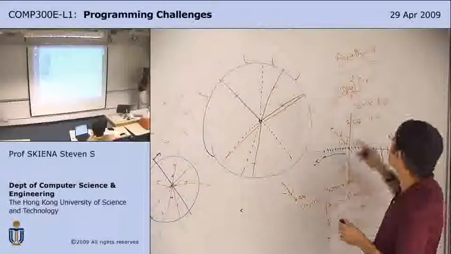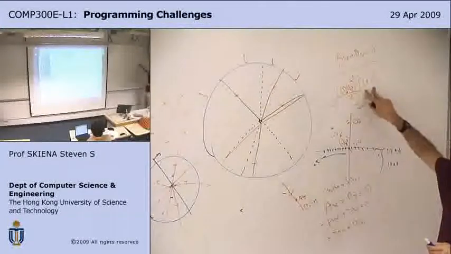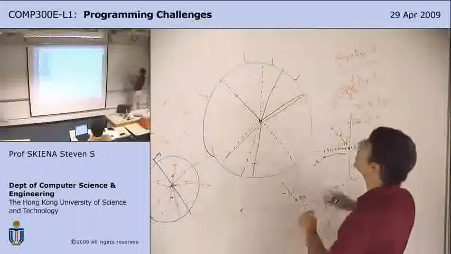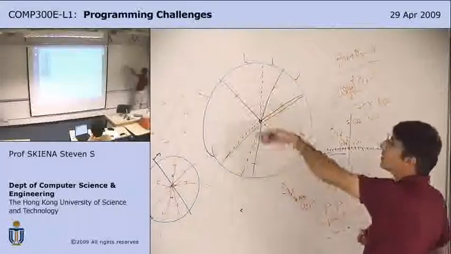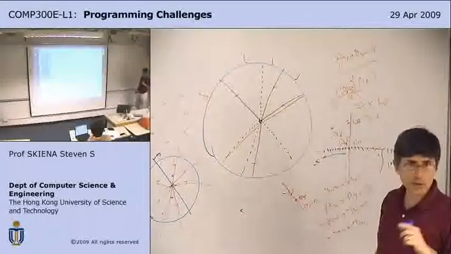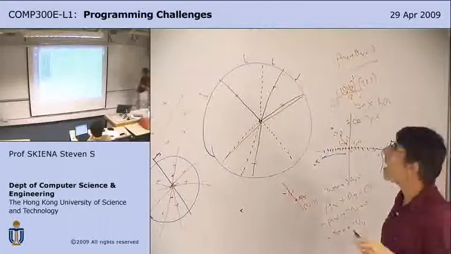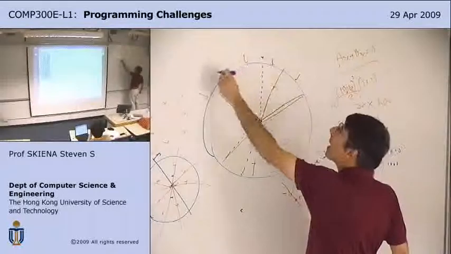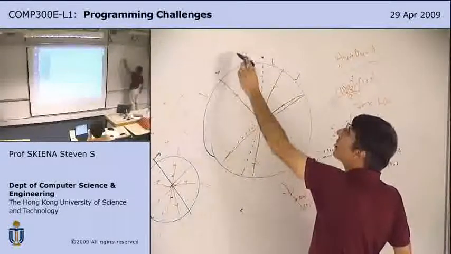So what you're saying is that you want to build a data structure that computes this sector diagram and basically tells you that between this angle and this angle, it's going to cut 3.